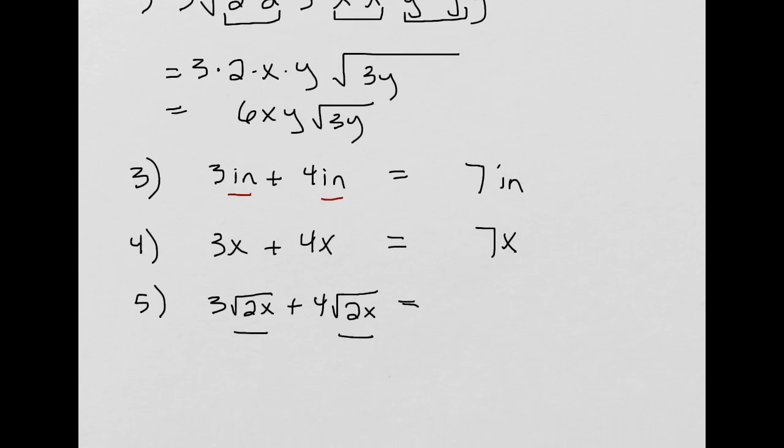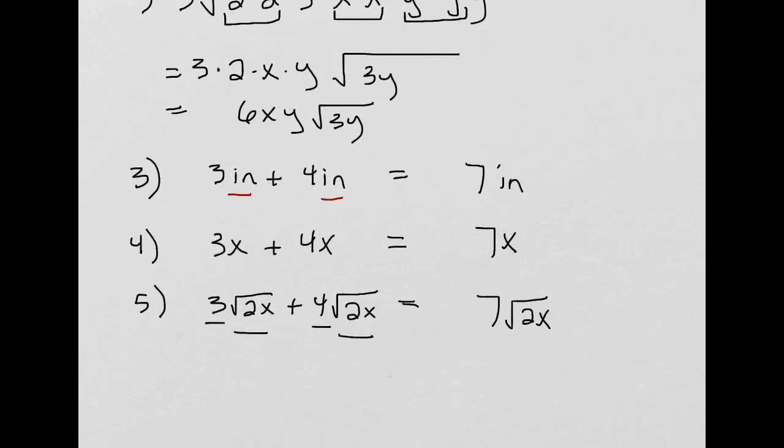So when I add square root of 2x's together with other square root of 2x terms, I'm going to get square root of 2x. The only question is, how many do I have? Well, just like before, I've got 3 from the first term and I've got 4 from the second term. So 3 plus 4 is 7 square roots of 2x.